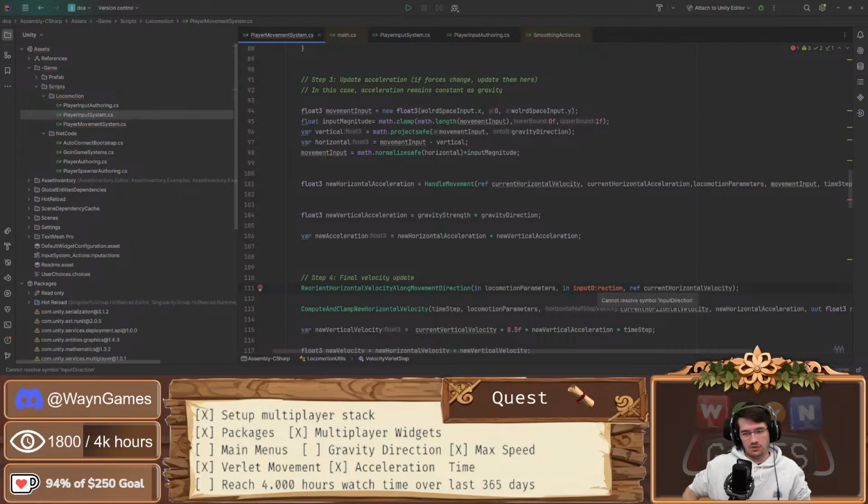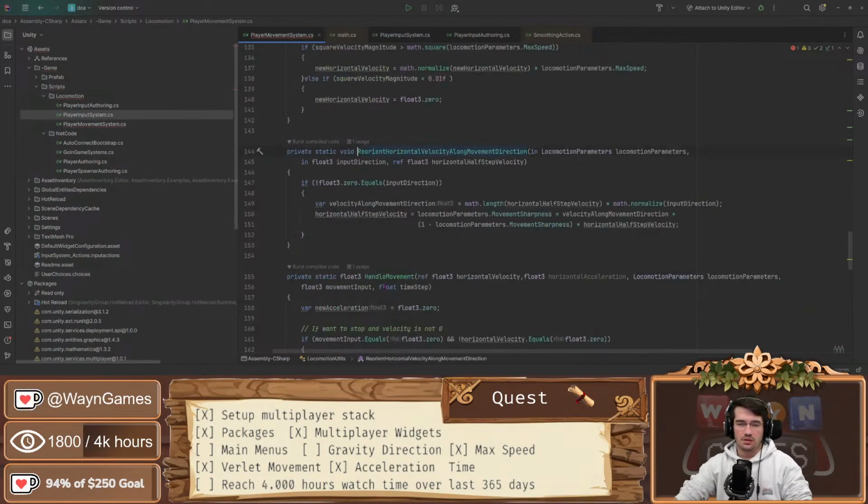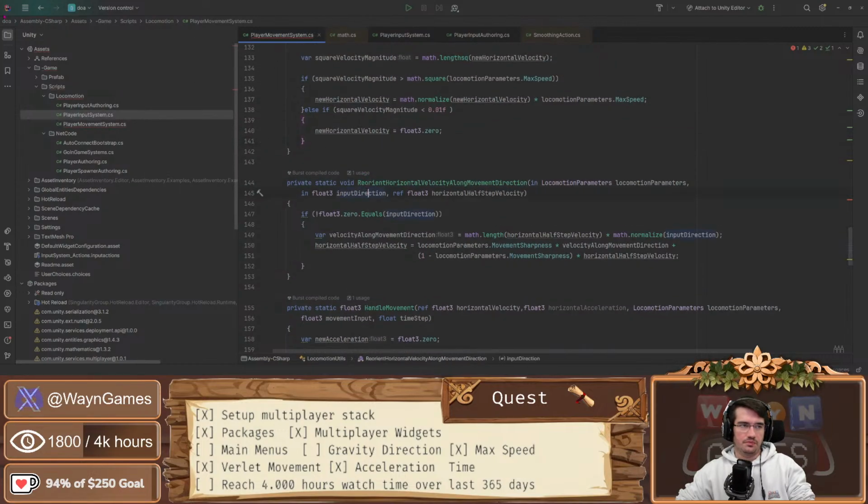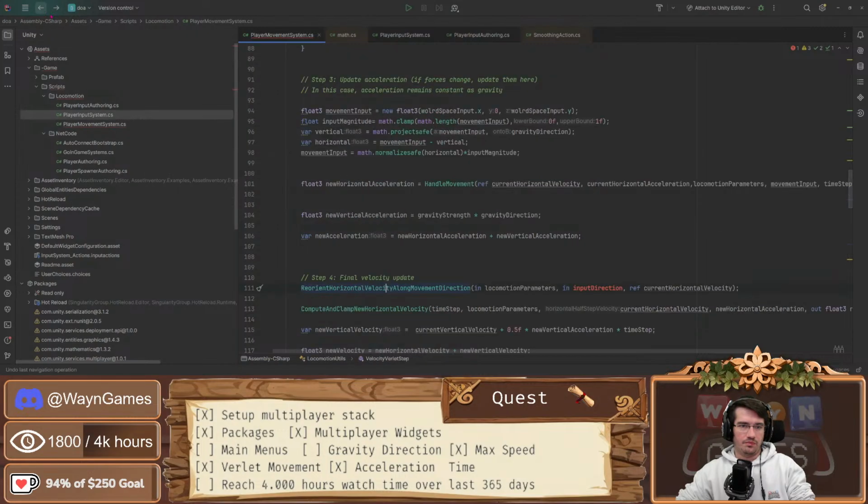Here I'm still using the input direction. Is it really the direction? No, that's not the direction. That's actually the input itself. But should it be the direction?